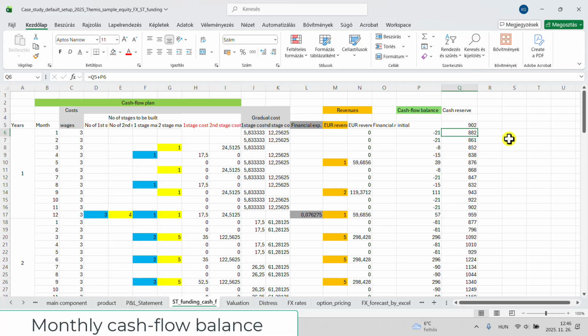But maybe we don't want to do this today. So let's say that the short-term monthly interest rate is 1%.